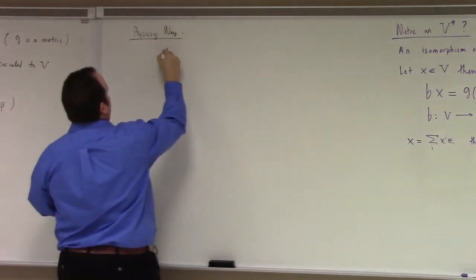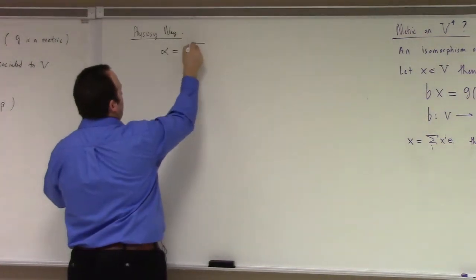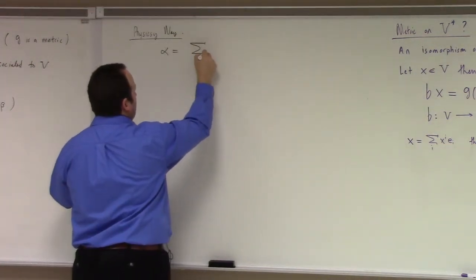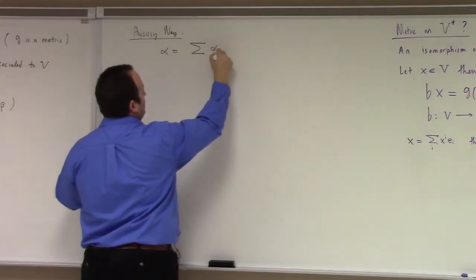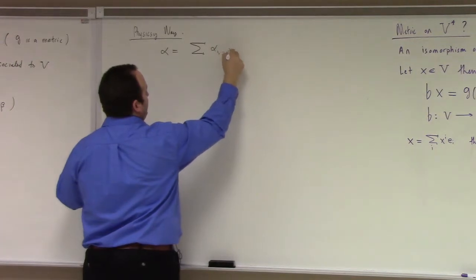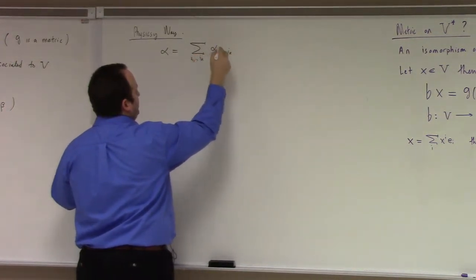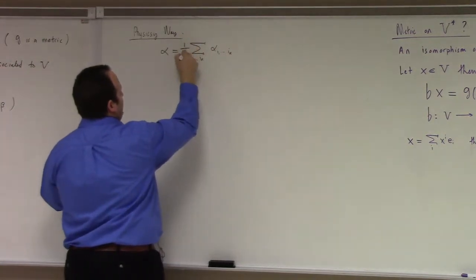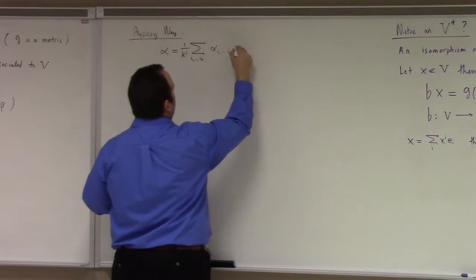So if I have a form alpha, and it's a k-form, I can express it as a sum over all multi-indices, alpha_{i1...ik}, with no restriction on the indices. I have to put a 1 over k factorial if I do that, because I'm not really working with a basis over here.